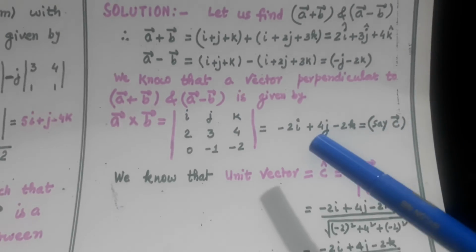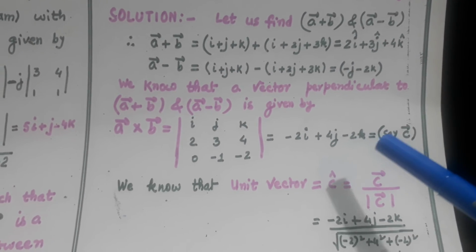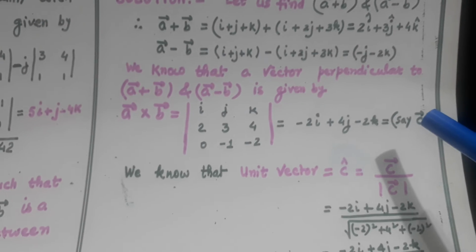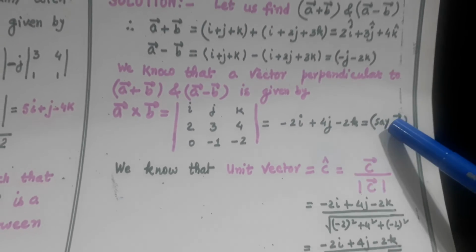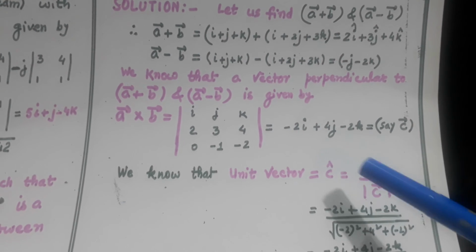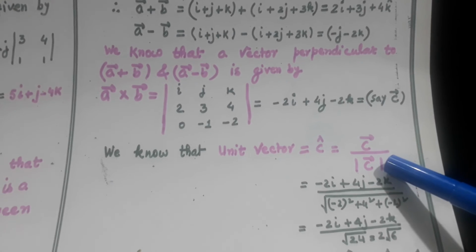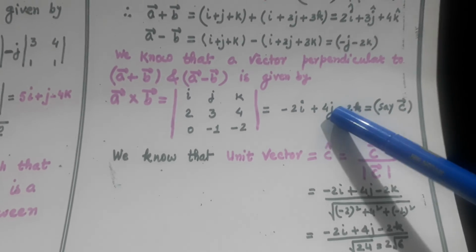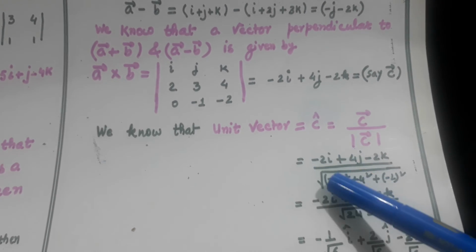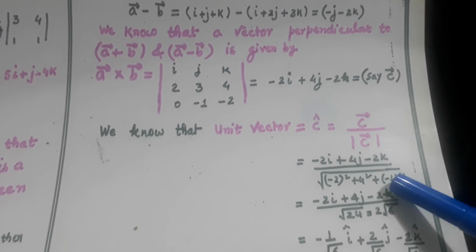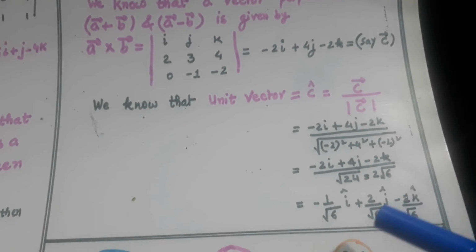The answer comes here, minus 2i plus 4j minus 2k. Let us say this is vector C. So we want to find the unit vector of this C. It will be the vector divided by its magnitude. Vector is this and its magnitude is under root 2 square, 4 square, 2 square. So we get this answer.